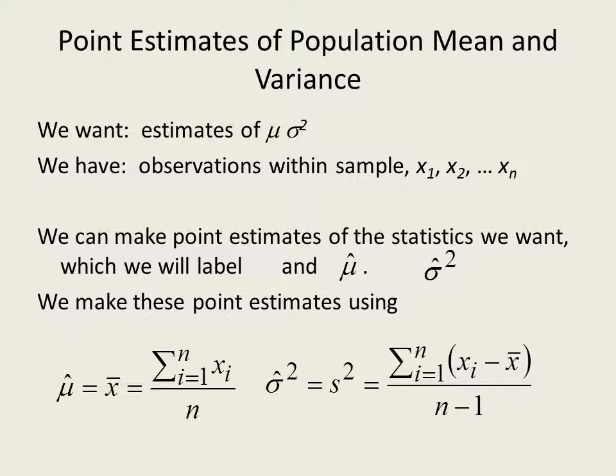Thus, our best estimate for the population mean is x bar, and our best estimate for sigma squared, the population variance, is the sample variance. So these are straightforward things, and we shouldn't make them overly complicated.